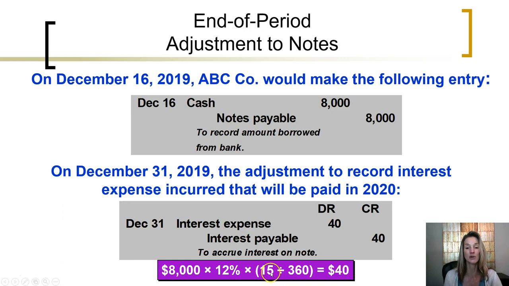So they need to accrue 15 days worth of interest, or $40. So they're going to debit interest expense to record December's expense during December and credit a liability, interest payable for $40.